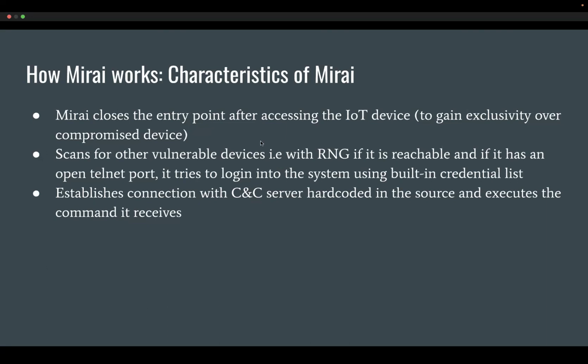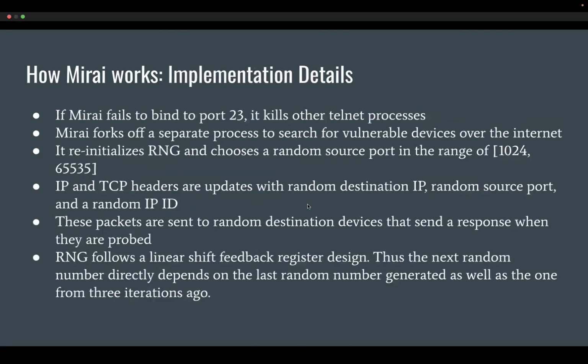It uses the RNG to create a target audience, and we've seen that it usually uses telnet port 23 and tries to brute force to log into the systems using a built-in credential list. It then creates a connection with the CNC server we saw in the previous slide, and these connection details are all hard-coded, and even the list of commands that it receives. So certain things are hard-coded in the source code itself.